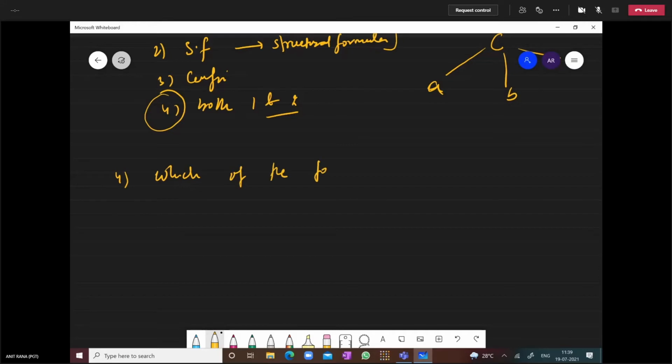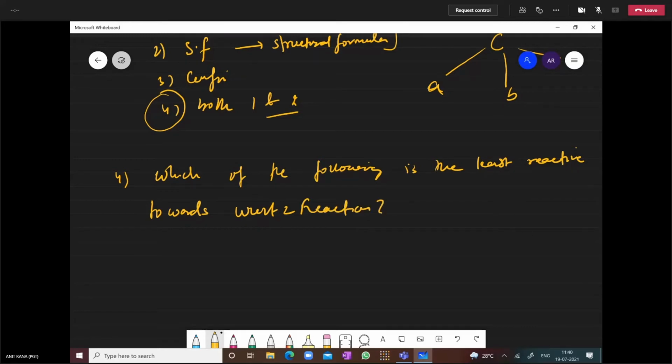Which of the following is least reactive towards Wurtz reaction? Ethyl fluoride, ethyl chloride, ethyl bromide, and fourth, ethyl iodide.